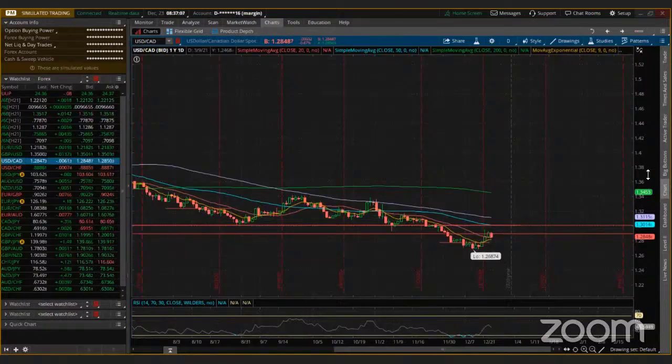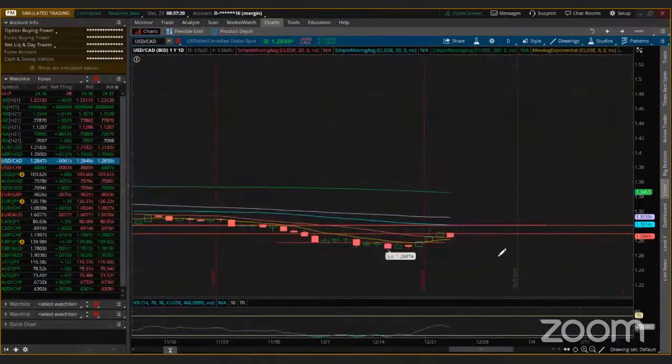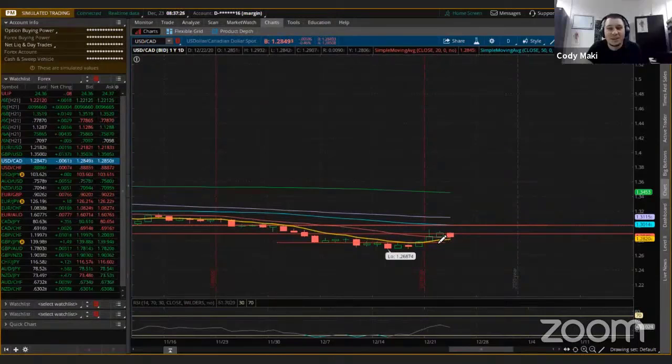The only thing I'd say is your trigger here is a little difficult. It's hard to trigger underneath the low of today, and it's hard to trigger really anything above, I'd say, 128.20 here. If you wanted to get a little bit more additional confirmation, get it underneath that 128 level, right? 128.20 is exactly where the 9 is.